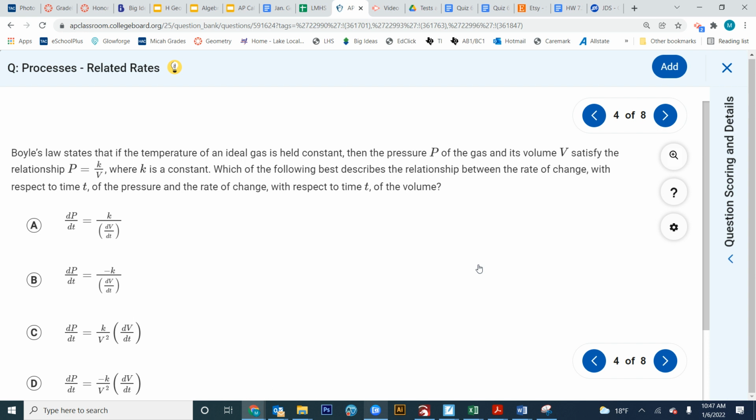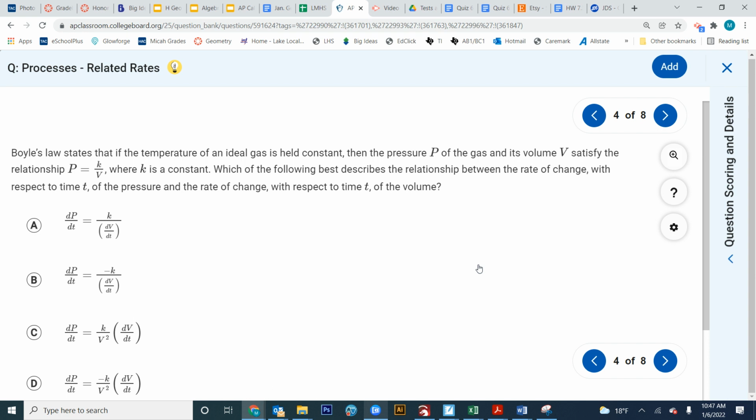I love that you guys are doing that now. I would just love to pop into a college calc class, Calc 2 even better, and just hear the professor ask a question. All right. Which of the following best describes the relationship between the rate of change with respect to time of the pressure and the rate of change with respect to time of the volume?